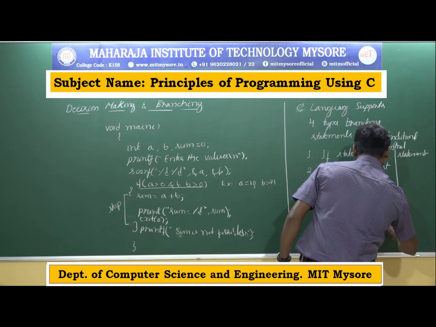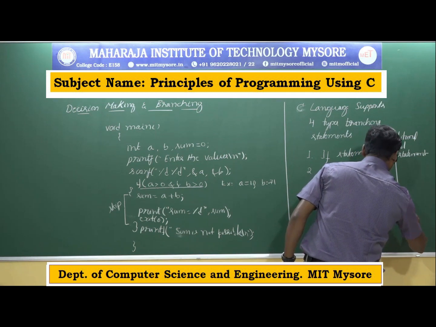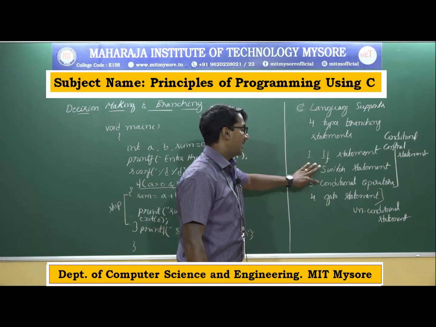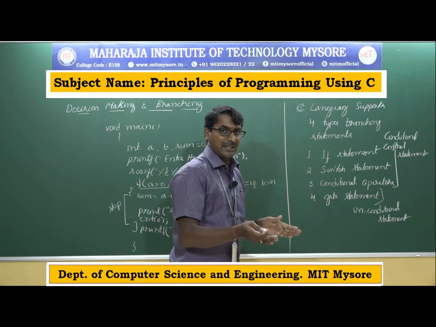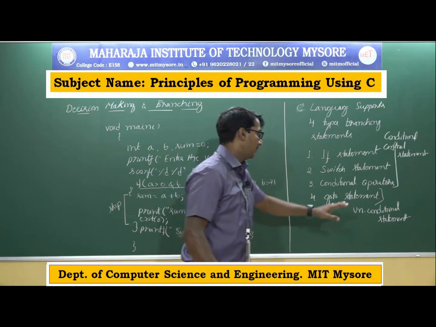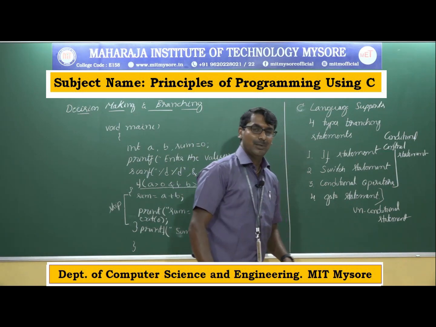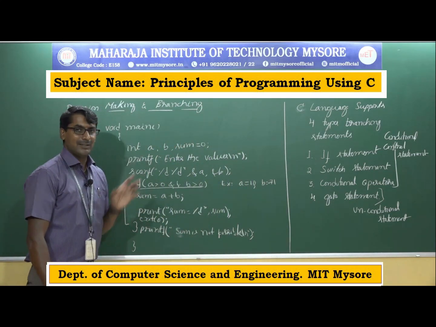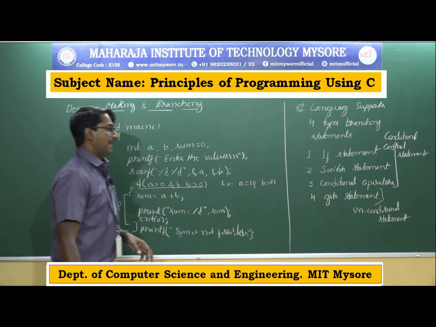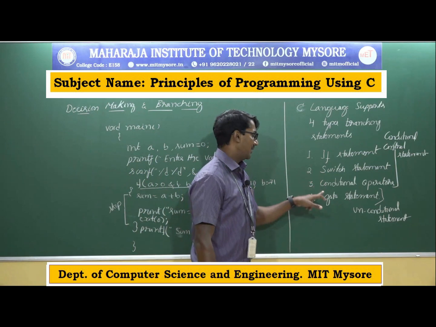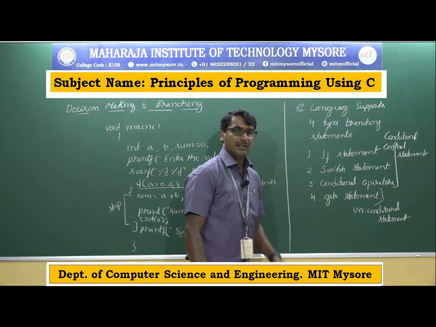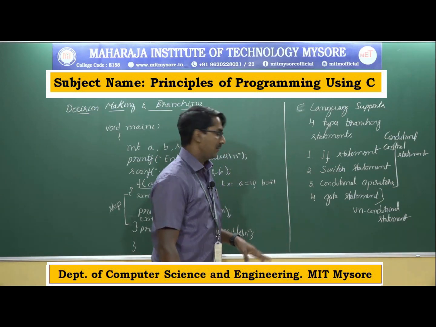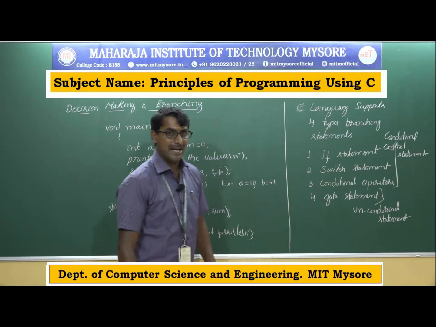As the name indicates, in if, switch and conditional operator, the decision is made based on the condition, but in the goto statement the condition is not verified, and branching is simply performed. So C mainly supports four types of branching statements: if, switch, conditional operator and goto. The first three are conditional branch statements, and goto is an unconditional branch statement.